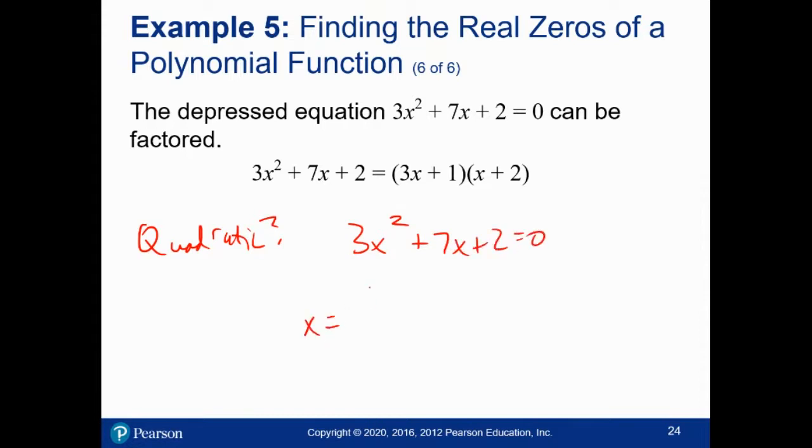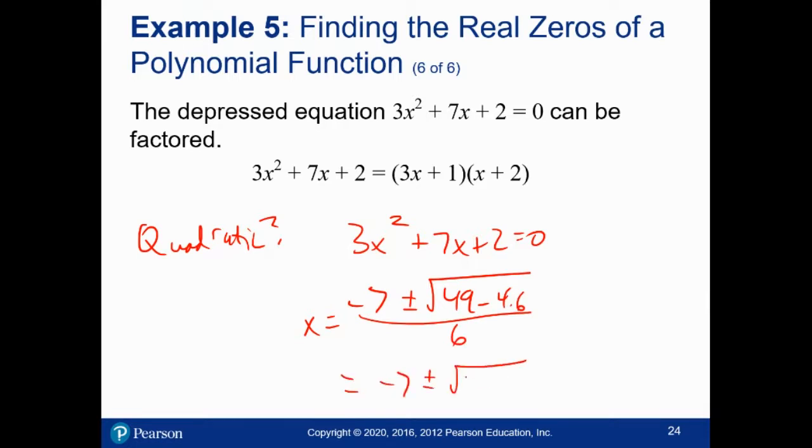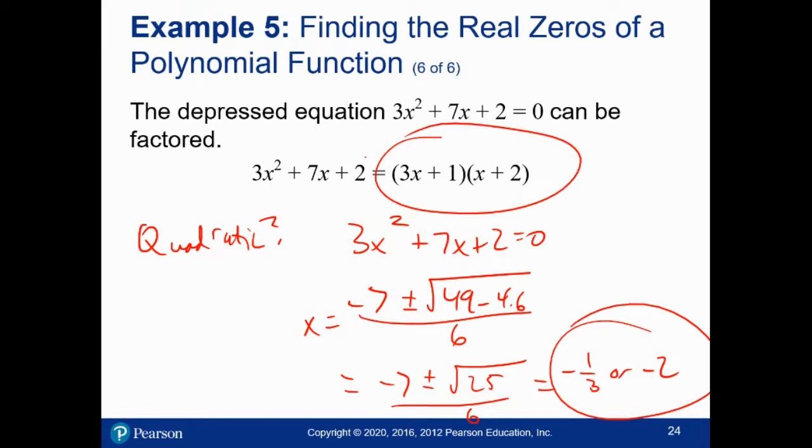That would be x is negative 7 plus or minus the square root of 49 minus 4 times 6 all over 6. Negative 7 plus or minus the square root. 49 minus 24 is 25. The square root of 25 is 5, so this is either negative 1/3 or negative 2. And there are your two roots, negative 2 and negative 1/3.